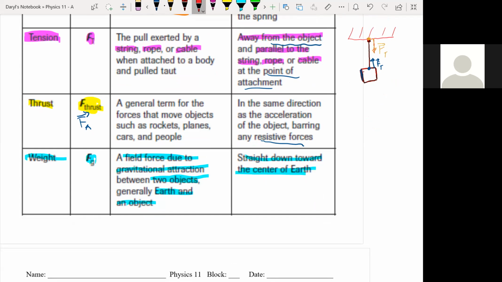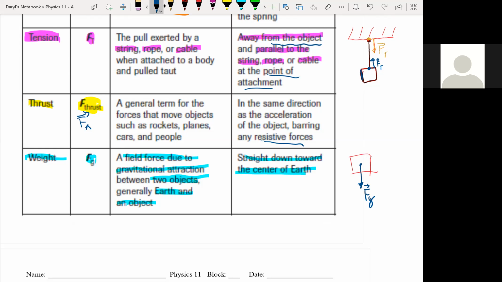That's why if you have an object and you identify the force of gravity, it is always downward. So that is your Fg. It's always downward, and any object on Earth is always acted upon by the force of gravity.